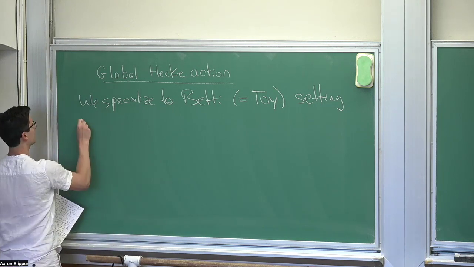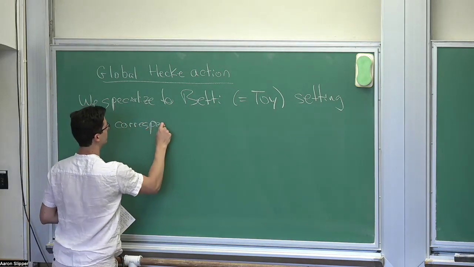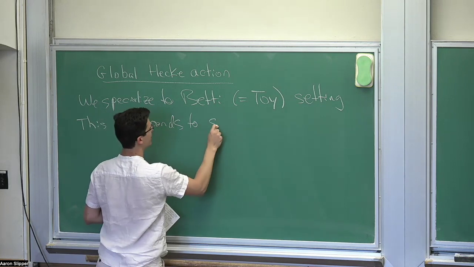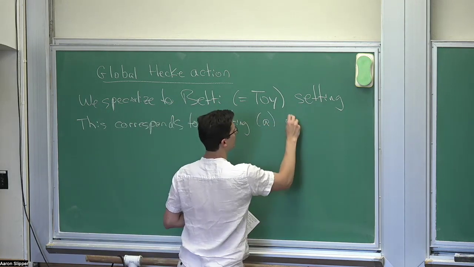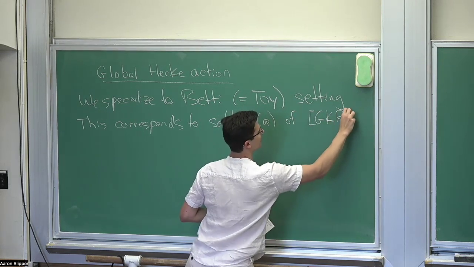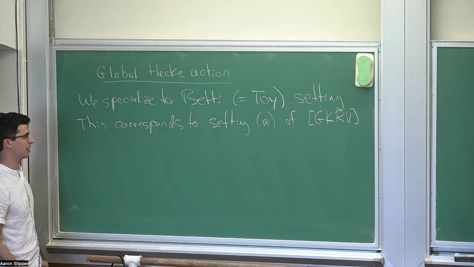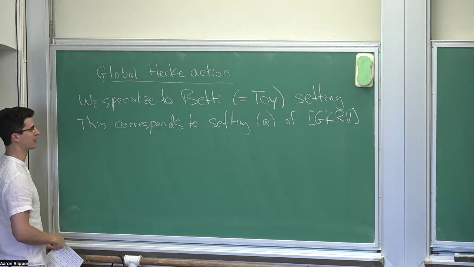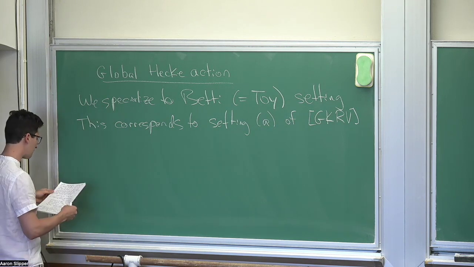So this corresponds to setting A of GKRV. This will be the main reference, and the other main reference will be the paper by Nadler and Yun on the Betti spectral decomposition.